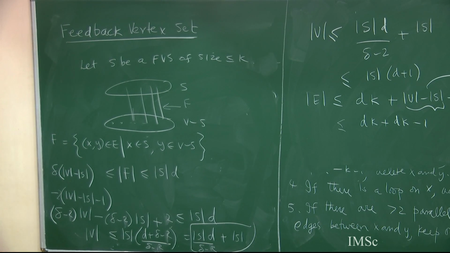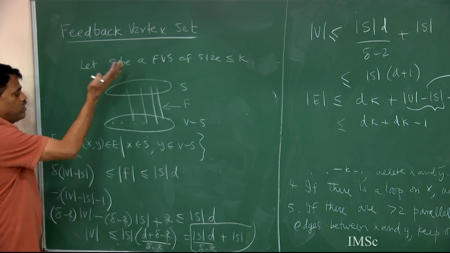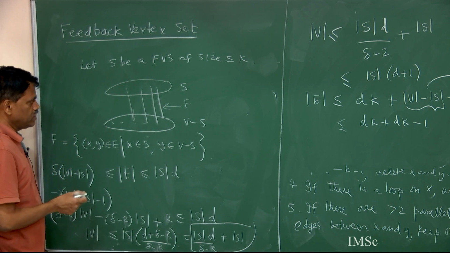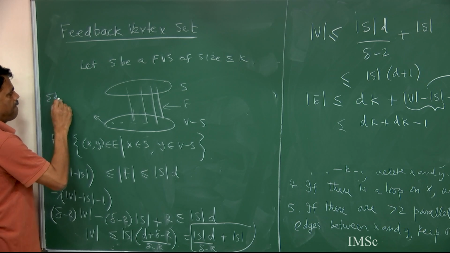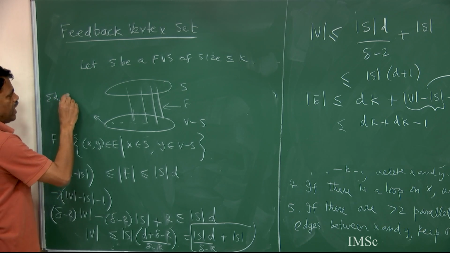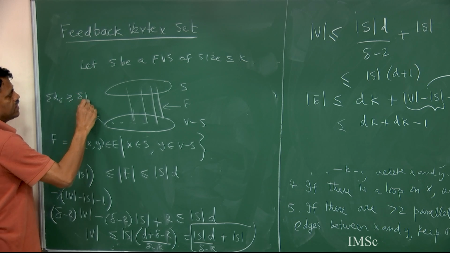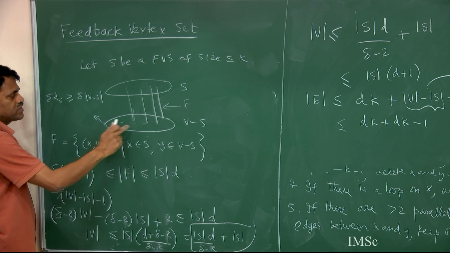Can you explain the 2 here? Is that the question? Yes. So I want to count the number of edges here. I want to give a lower bound for it, right? So I sum the degrees of every vertex here. And that I know is at least delta times V minus S, because each vertex has degree at least delta.